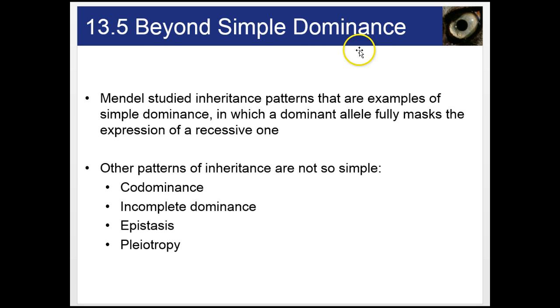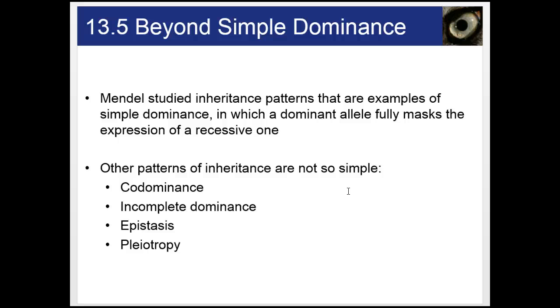Beyond simple dominance, sometimes the old rules don't fit and you have to change them. Sometimes there's exceptions to the rule. Basically, Mendel chose pea plants, which were a good choice, and he chose genes that were discrete, either or, and displayed what are called simple dominance or complete dominance.